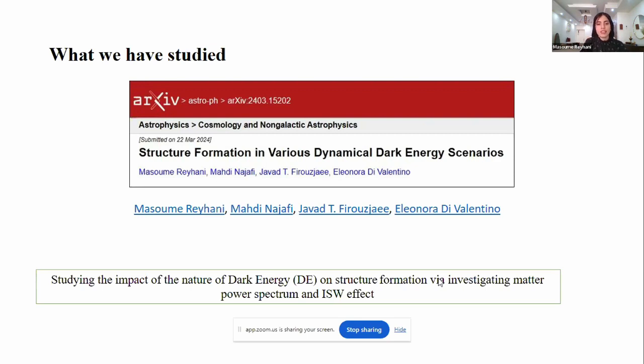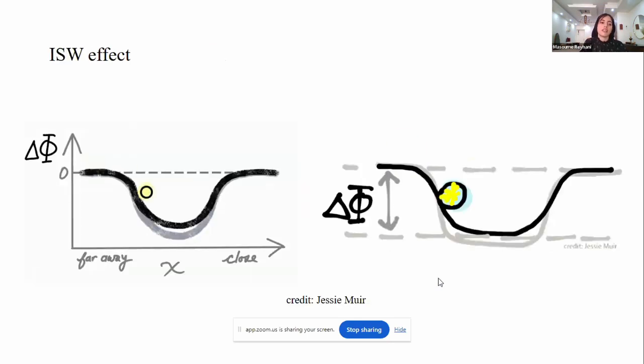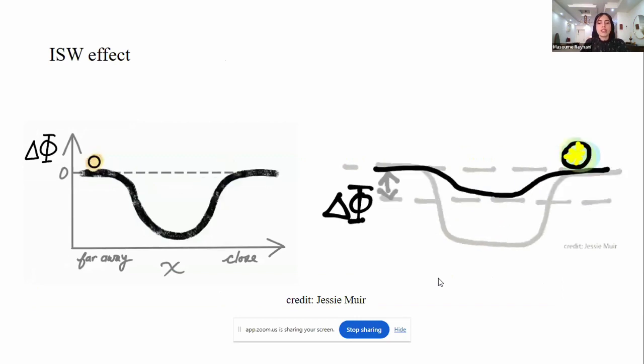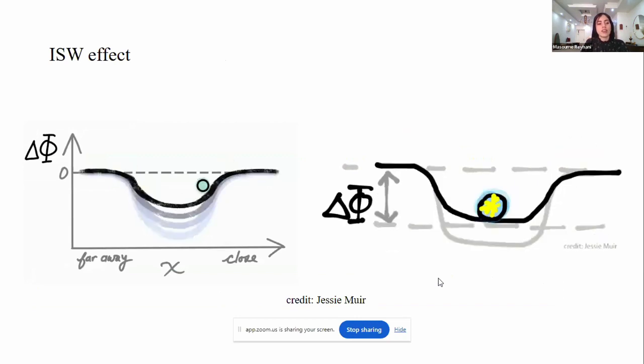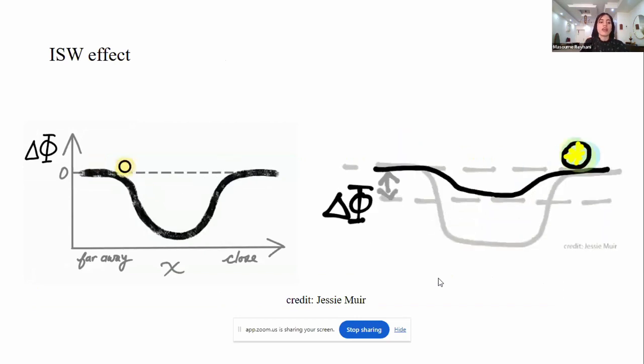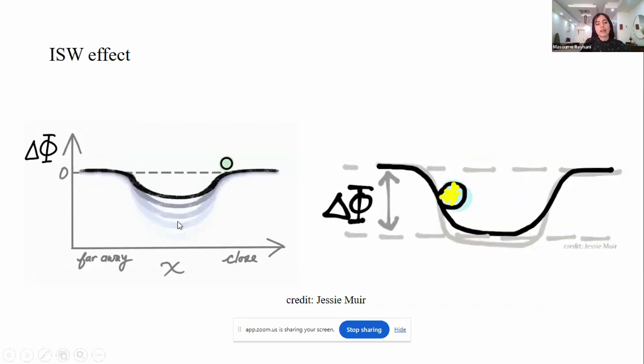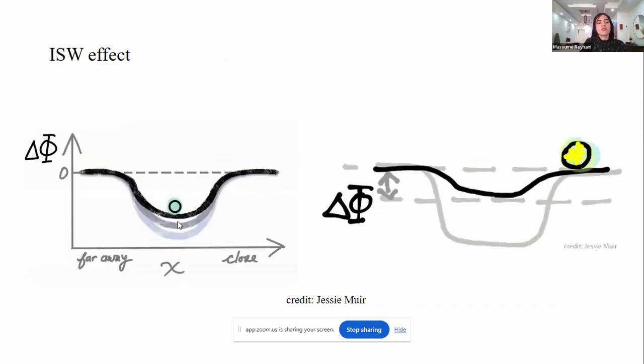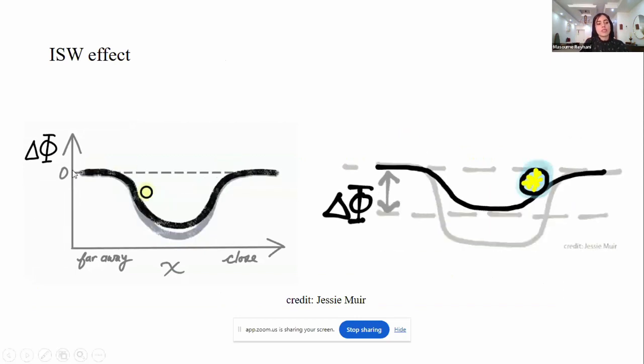But first, let me explain a little about what the ISW effect is. As you can observe here, the ISW effect focuses on the change in wavelength of cosmic microwave background photons.